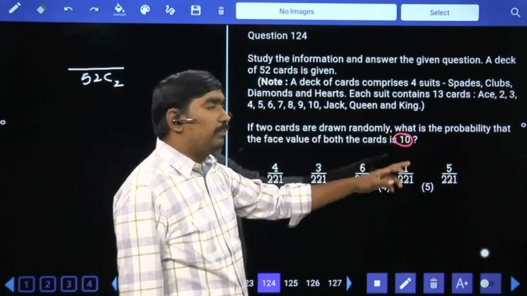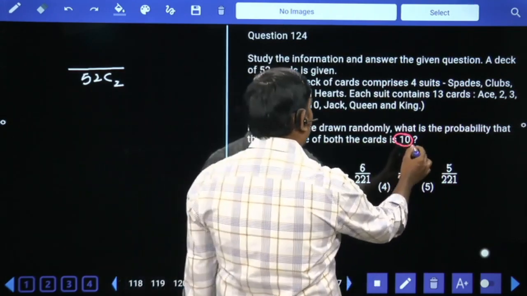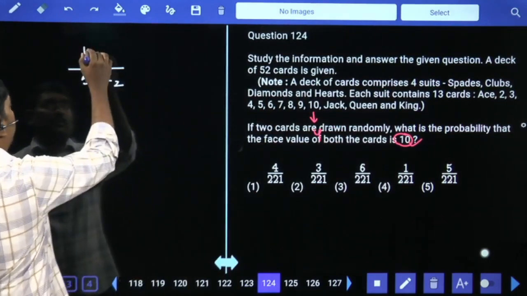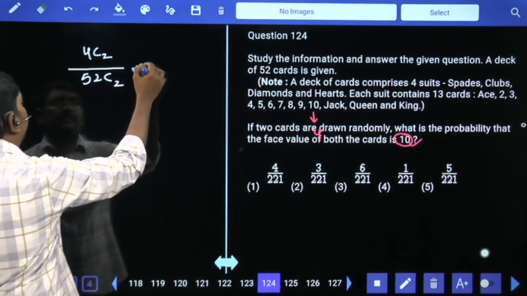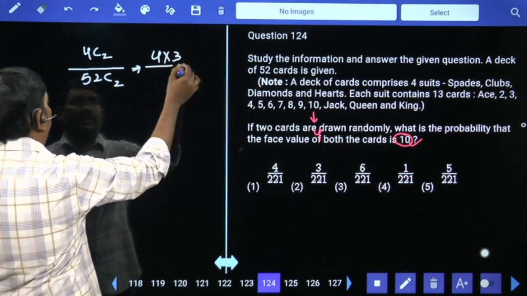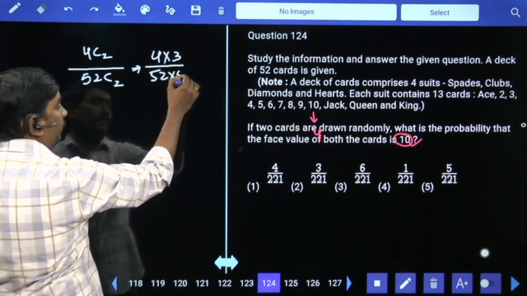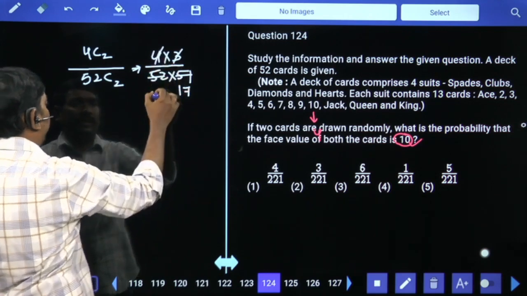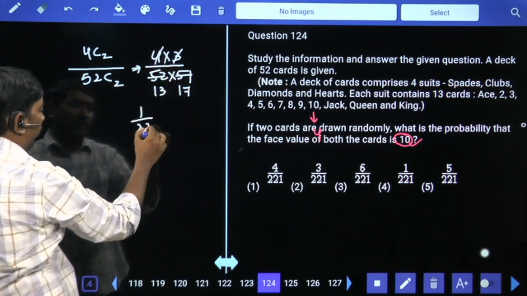Then probability of both the cards being number 10 cards: number 10 cards are 4 cards. Out of 4 cards, 2 cards we draw, 4C2. So 4 into 3 by 52 into 51. 3 17 times, 4 13 times. 1 by 221 is your answer.